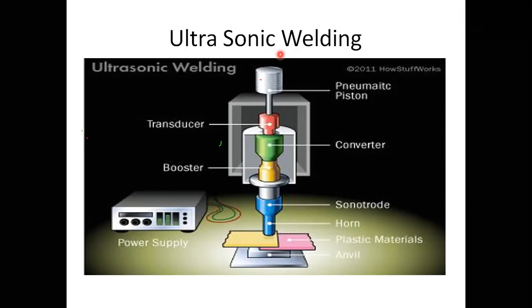This heat produces molten metal, or raises the metal temperature so that it reaches the plastic stage or the fusion point, and then they become joined to each other. So this is a process where ultrasonic vibration is used.